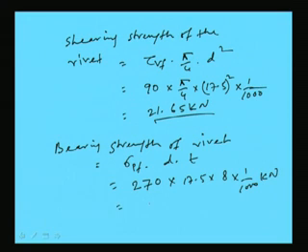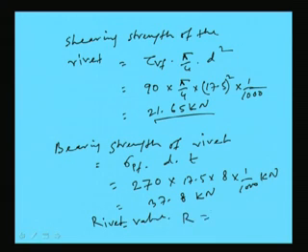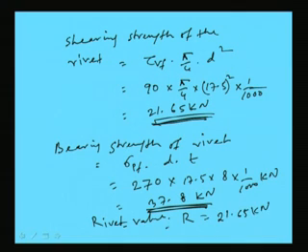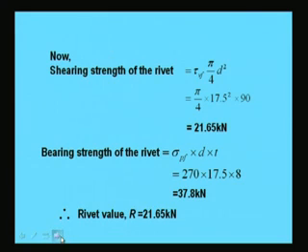So, this is becoming 37.8 kilonewton. So, the rivet value R can be found out, means rivet value R will be lesser of these two, right, due to shearing and due to bearing. So, this will become 21.65 kilonewton. So, the rivet value of the joint is becoming 21.65 kilonewton. This is what we have calculated.